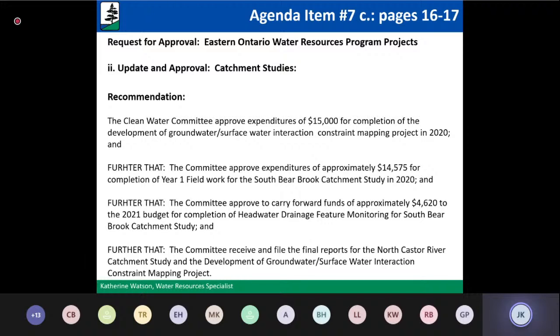Further, that the committee receive and file the final reports for the North Castor Rivers catchment study and development of groundwater surface water interaction constraint mapping project.